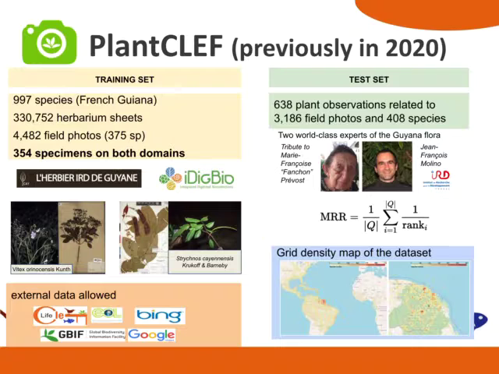And then we have a test set that is mostly composed of field photographs. So the idea is really to recognize plants in photographs based on the training sets on herbarium sheets. And the metric is the mean reciprocal rank of each of the observations in the test set.